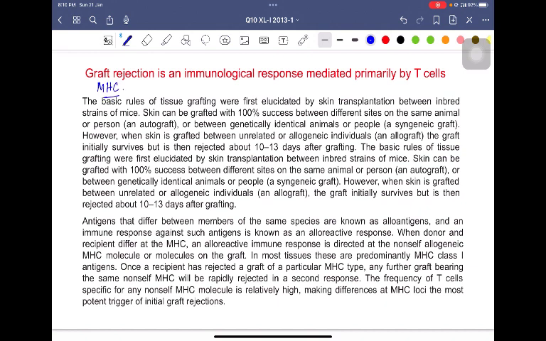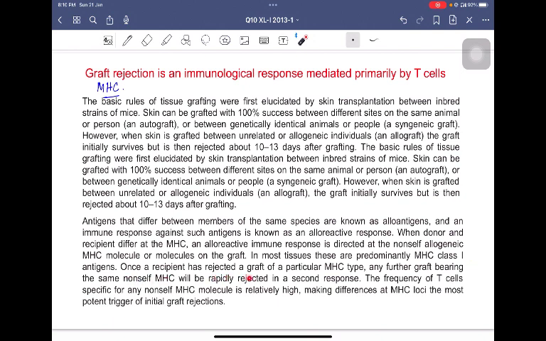Because the donor and the recipient differ at the MHC molecules, the immune system of the recipient detects these foreign MHCs on the graft as alloantigens and generates an alloreactive immune response against those MHC molecules. In most tissues, they are predominantly MHC class 1 molecules.